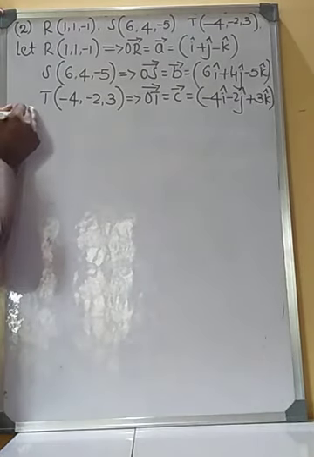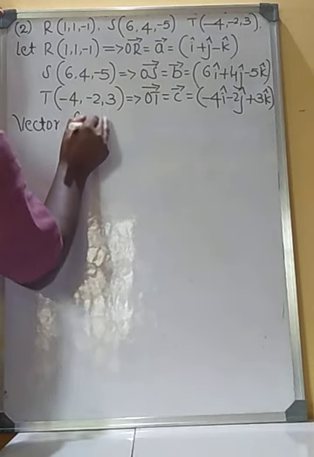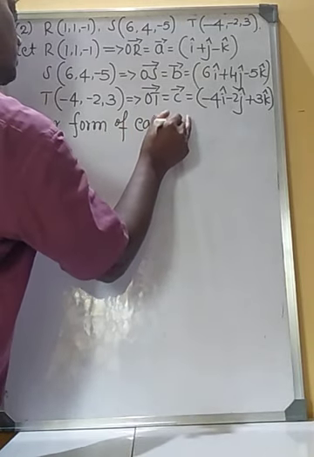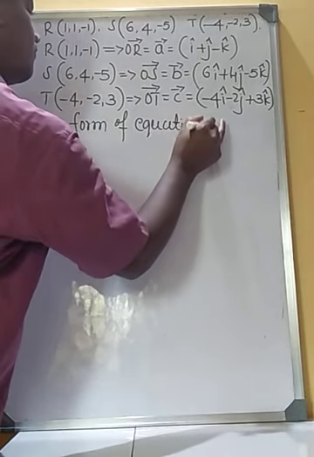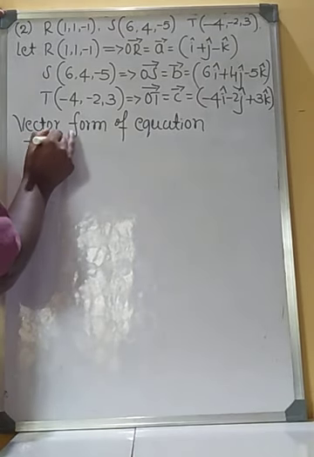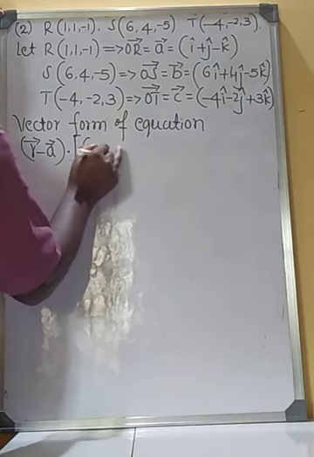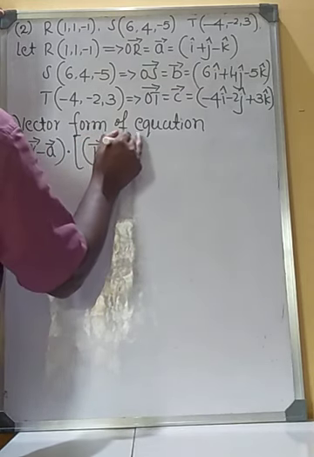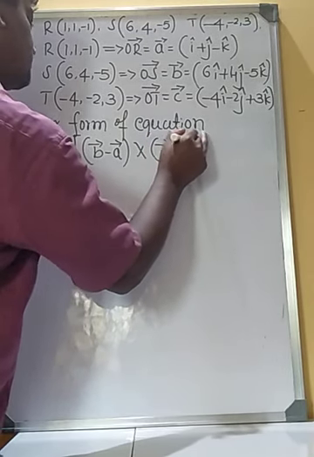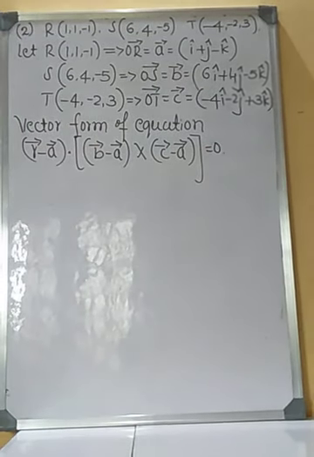Now the vector form of the equation of a plane is given by (vector R minus vector A) dot (vector B minus vector A) cross (vector C minus vector A) equals 0.